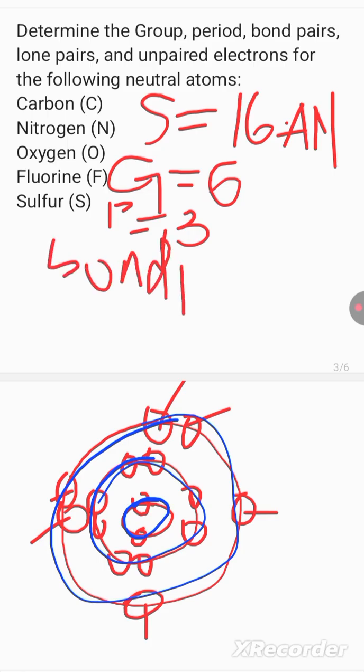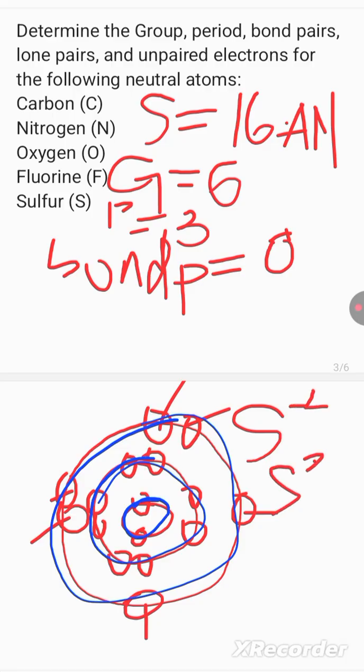The bond pair is 0. Neutral atom means the atom that doesn't bond with any other element. So for example, sodium is a neutral atom. You can't compare it to when you have Na2+ or Na2-. But we are going to do that probably in my next video.